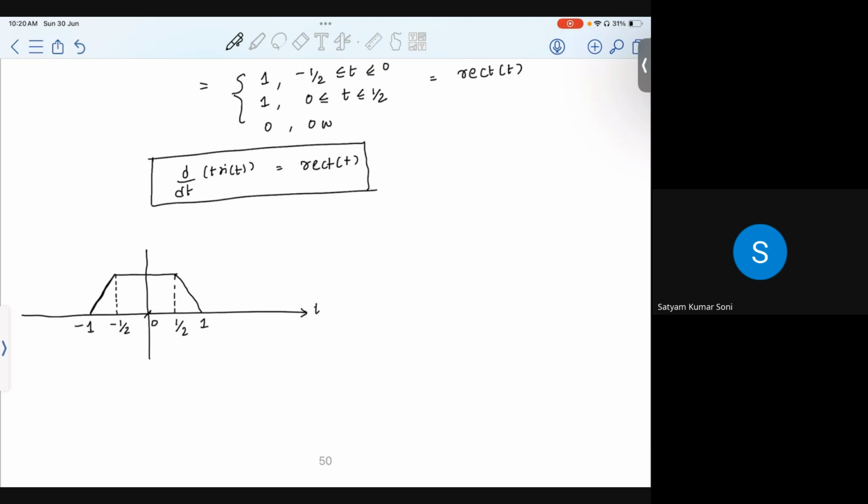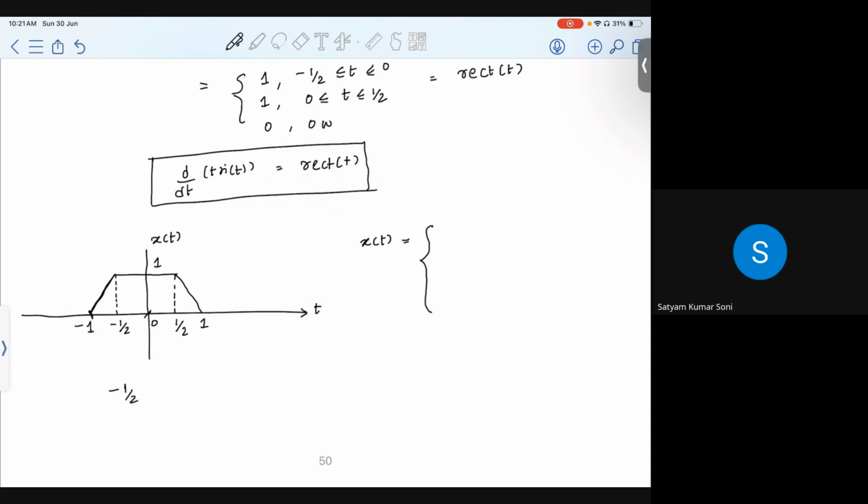Let me call this function x of t. So at -1 the signal takes the value 0, and at minus half the signal takes the value 1.